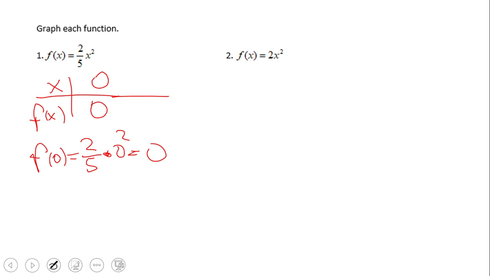And then the next point I'm going to use is 5, f of 5. Now, hopefully you notice that I use 5 for a reason. It is also that the 5 on the bottom of the fraction, the denominator, is 5. So a smart way is to use 5 or a multiple of 5.